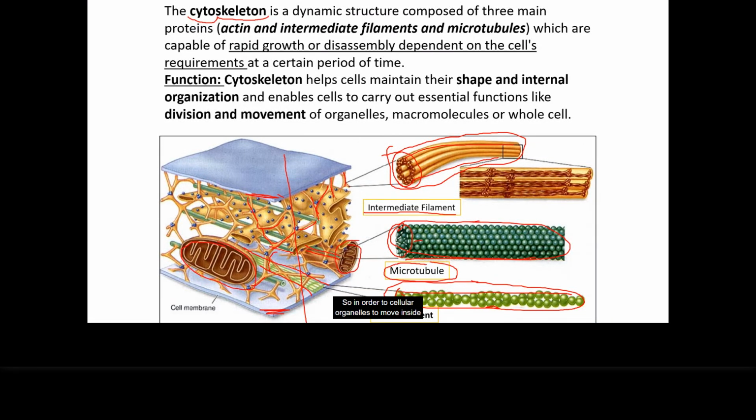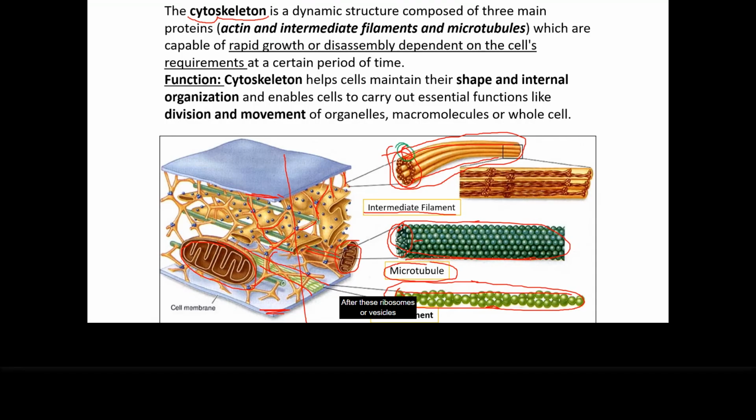So in order for cellular organelles to move inside of the cell, or different molecules to move, or vesicles that transport different molecules, first they need to be attached to the cytoskeleton.